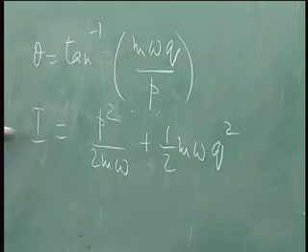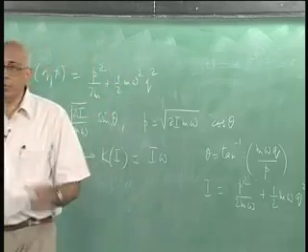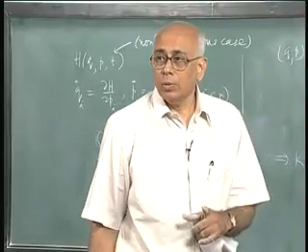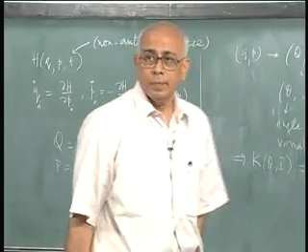So these are the new variables theta and I. I leave you to verify explicitly that the Poisson bracket of theta with I equal to plus 1, it should be.